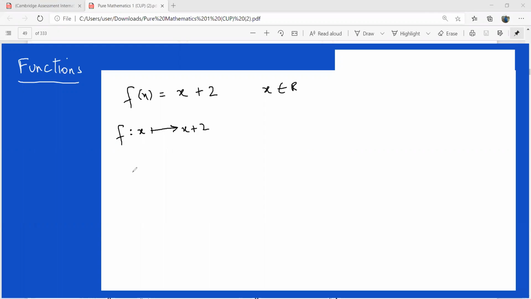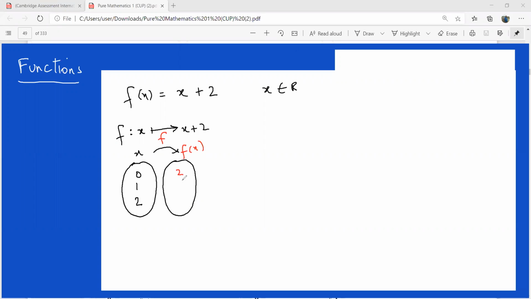Then there are some typical diagrams for this. For example, this is going to be for the domain and this is going to be for the range. Now if x is, suppose, 0, 1, 2, and this is the f, and through f it is mapped onto f of x.